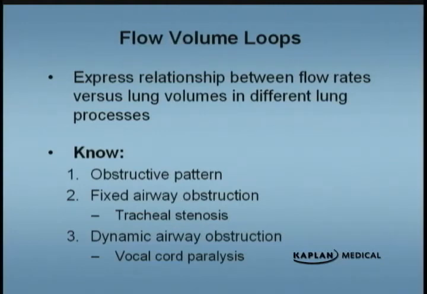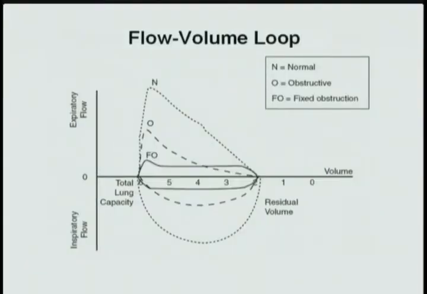This works like a ball and valve mechanism where this patient has vocal cord paralysis, and now under those conditions you see a half a box on top and then a normal curve on the bottom, or the opposite, a normal curve on top and a flattened box on the bottom, and I'll show you those in a little bit.